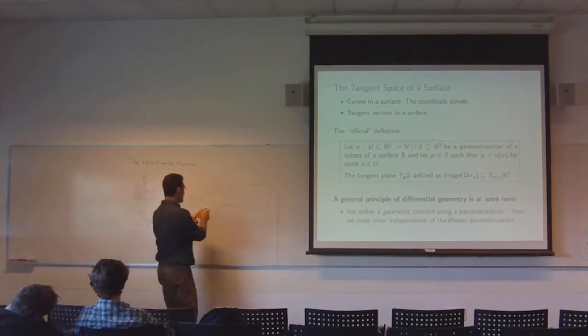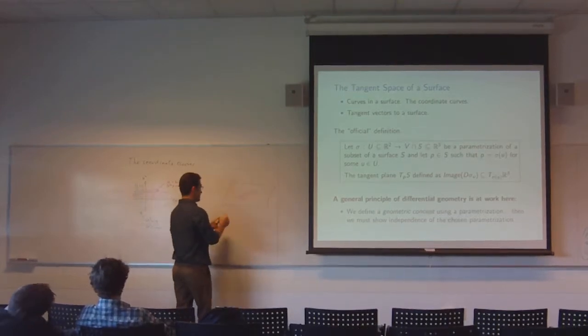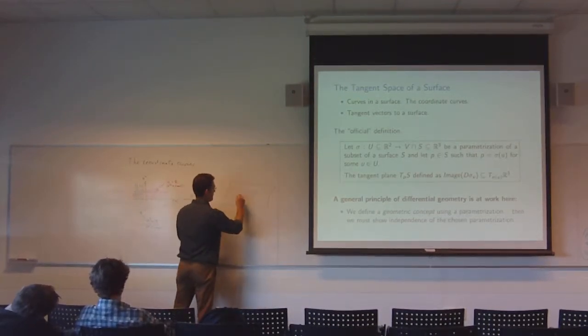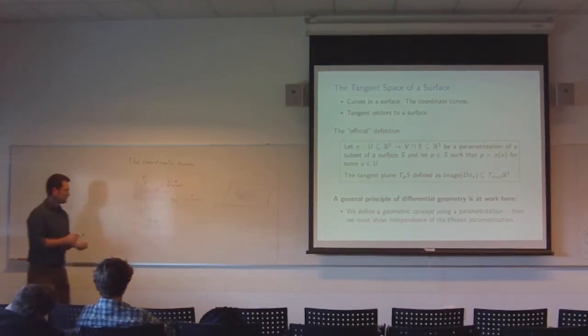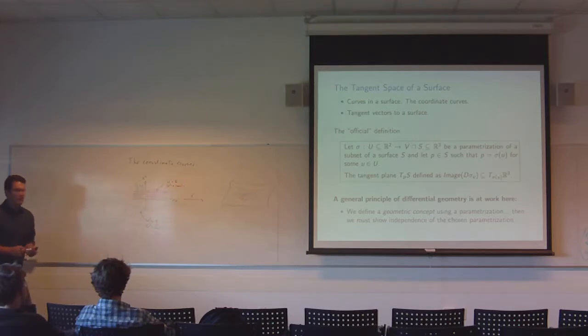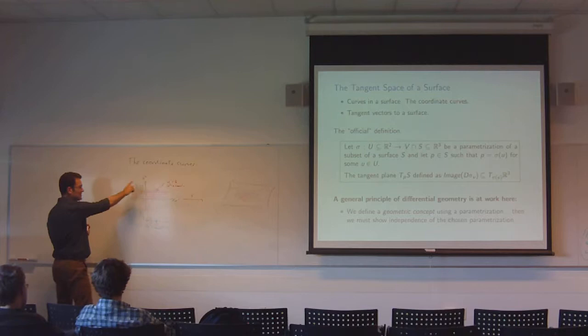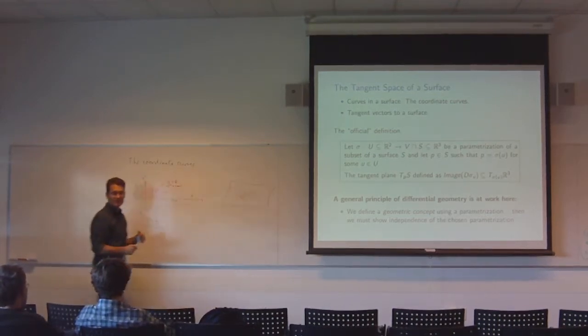And this network of curves maps over to some network of curves on the surface. So these are the coordinate curves. It's the images of the coordinate lines from the parameter plane into the surface.